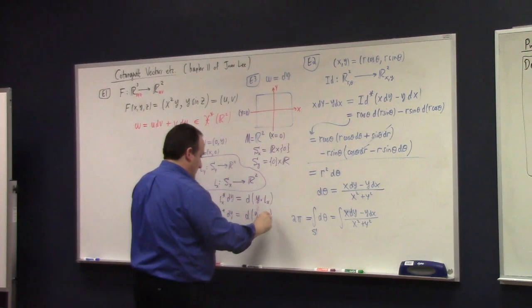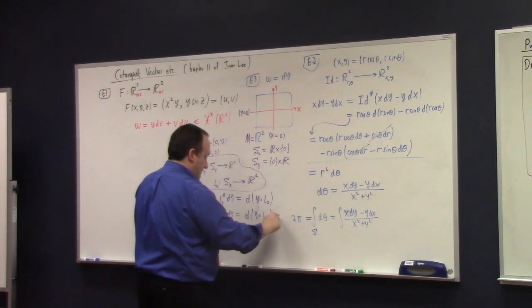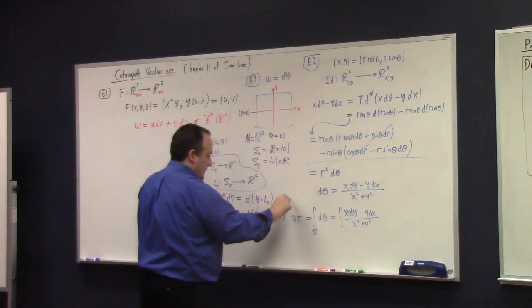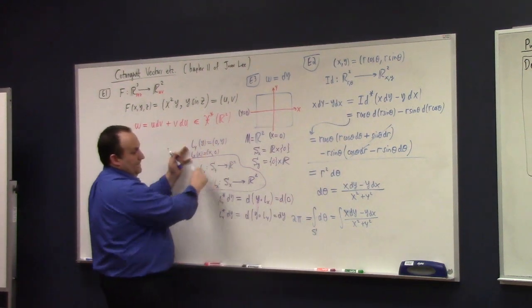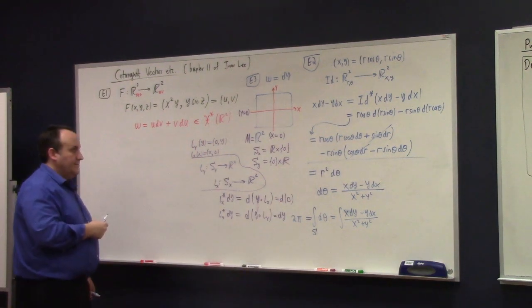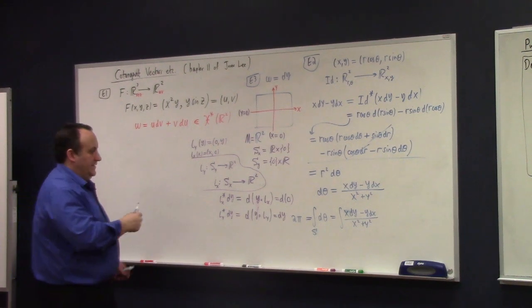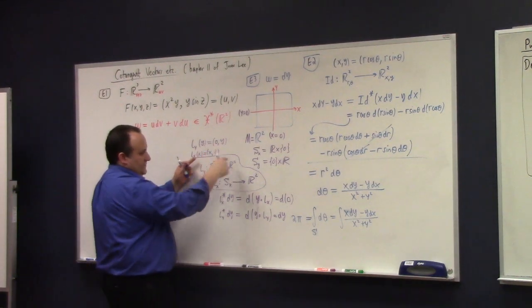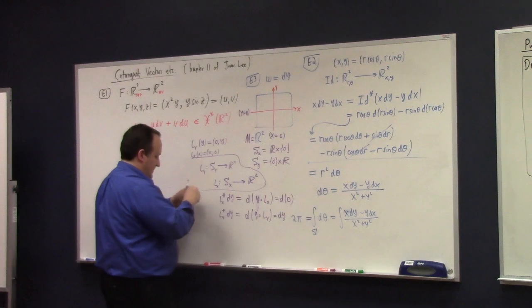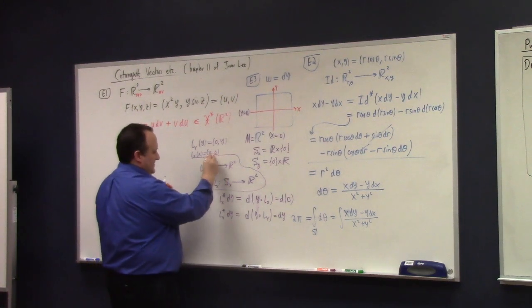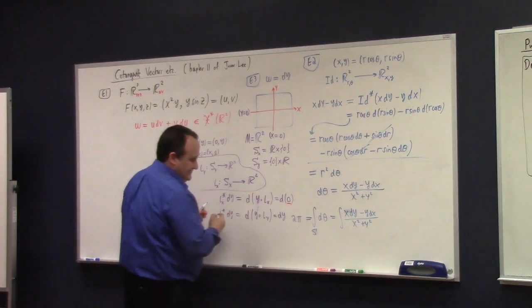So the second one is literally dy. This one is d of 0. I'm sorry, yeah, this one. So see that 0? That's that 0. This 0 is this 0.